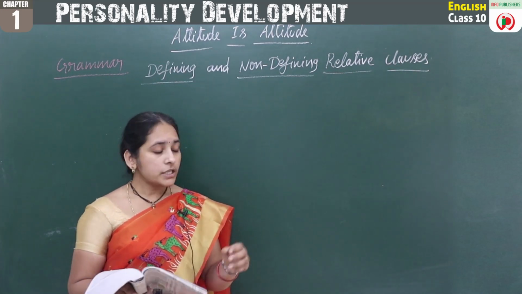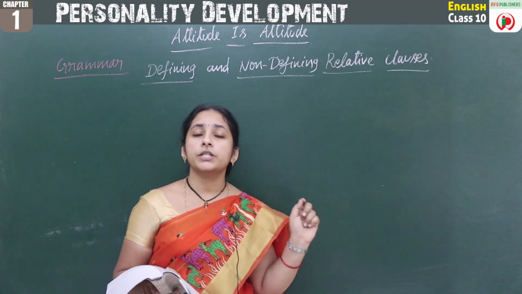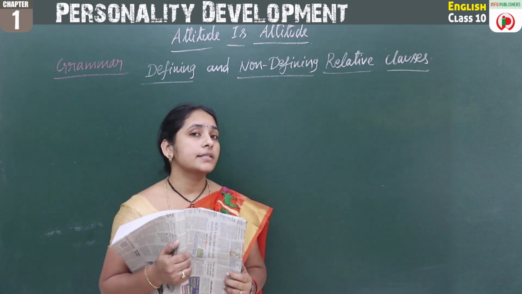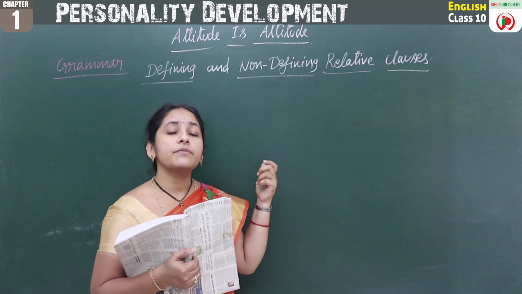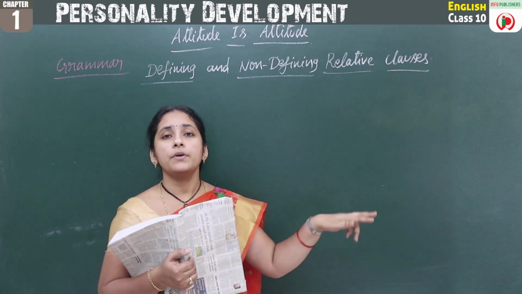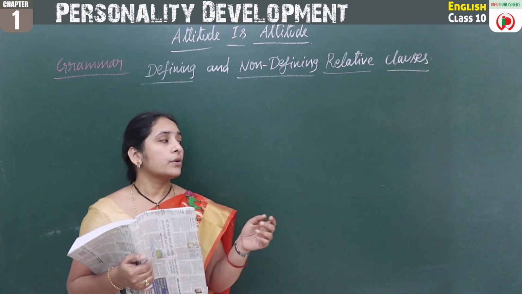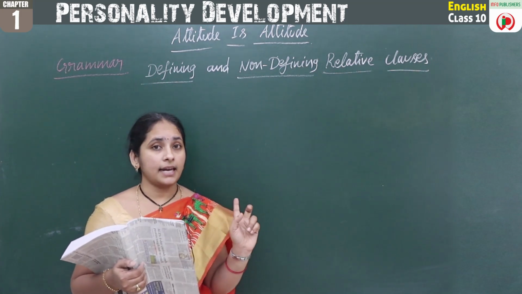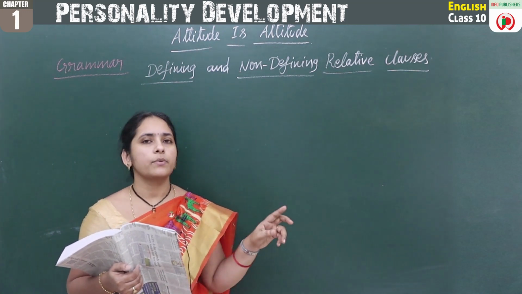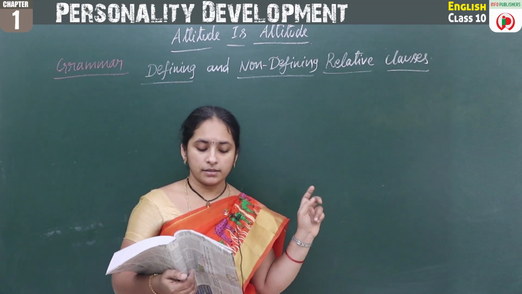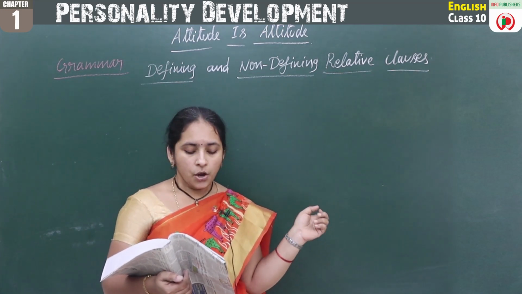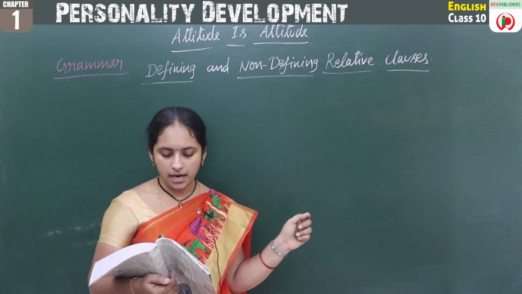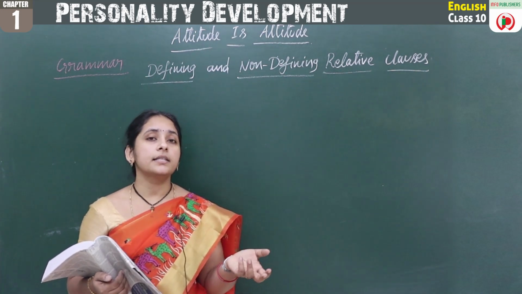The express, comma, which started from Delhi yesterday, comma, has just arrived. About the express we are getting information. Yesterday it started and now it has arrived just now. This is called non-defining. It's not defining, it's giving information. So what is that answer? The express, comma, which started from Delhi yesterday, comma, has just arrived.